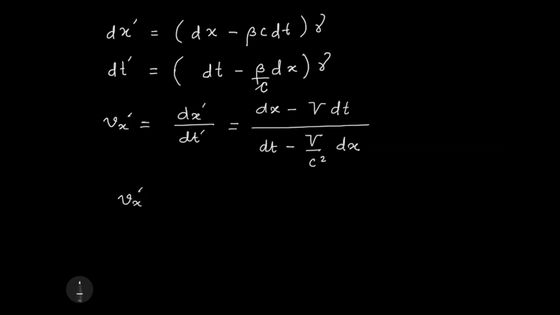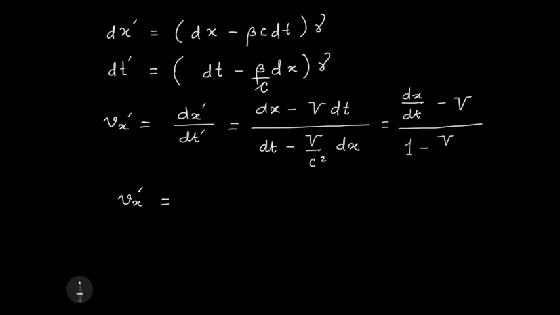So this way, if I calculate Vx prime, what will I get? I take dt common from numerator and denominator. So the first thing I get here is dx by dt minus, dt common, so this is just v.